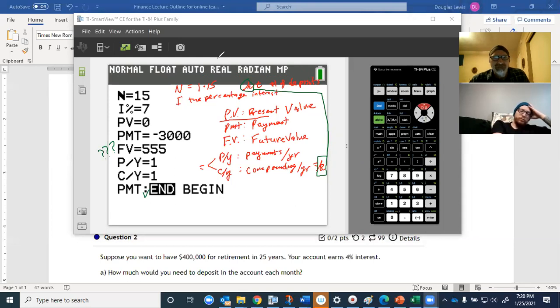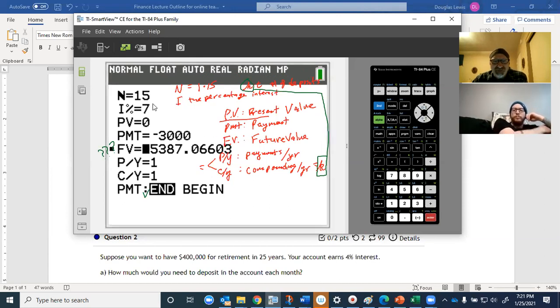So I can leave it as 555 or put a 0 in there. It doesn't matter. Now you hit alpha, see the green button that says alpha? Click alpha. And then down here, if you look in your calculator, it says SOLVE, solve on the enter. So alpha, enter, and voila, it gives you the value.